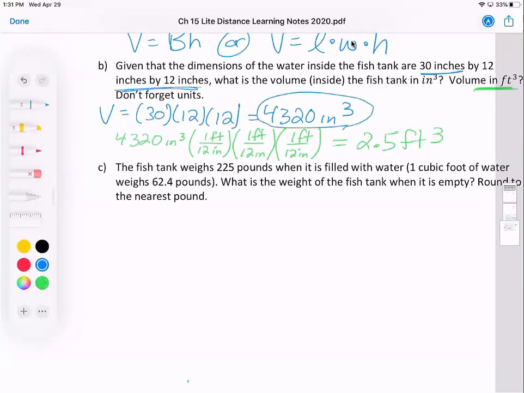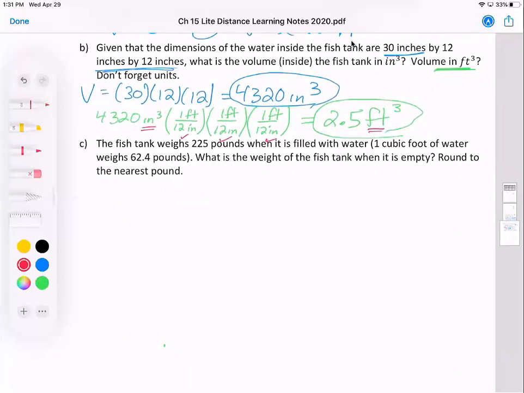Cubic inches versus cubic feet. And that cube looks really huge, so I'm going to redo that. There we go. So actually, we have 2.5 cubic feet. So anytime you're converting from cubic inches to cubic feet, you do need 3 of those conversion factors.